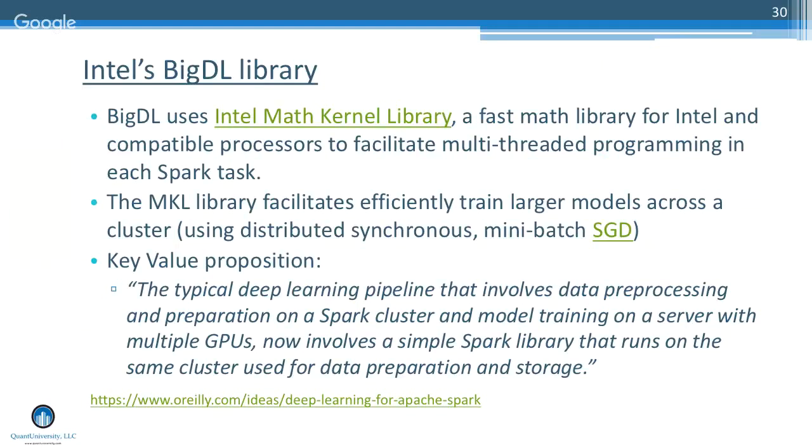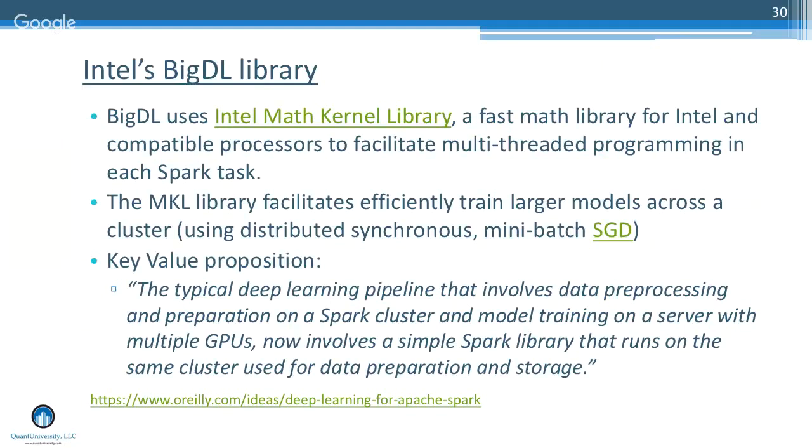Okay, and I've just taken this statement verbatim. The key value proposition is, rather than doing training on a network which has GPUs on it, and then using Spark for scaling, why not use the same Spark architecture for both training and for scaling your model. Okay.